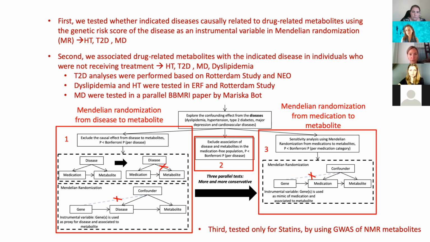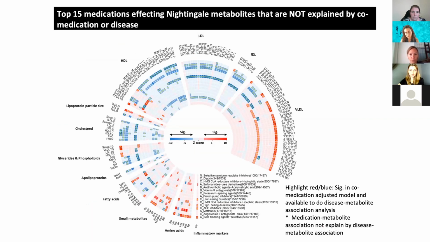So eventually, we ended up with these 15 categories, which were positively or negatively and significantly associated across the metabolites, which were mainly lipid fractions. What is interesting here, and this is the nature of the panel, is that there is so much redundancy.